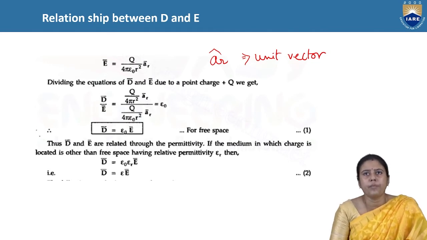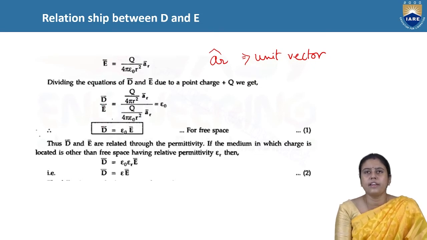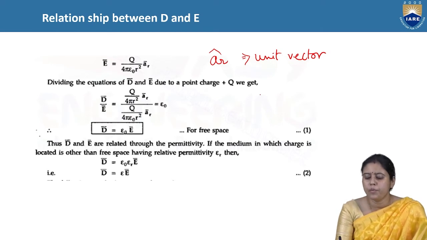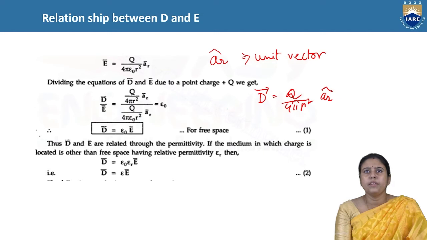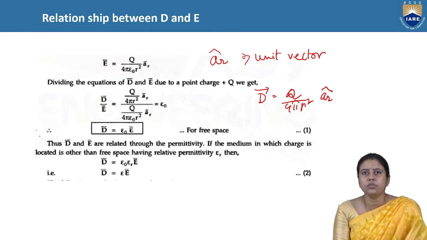The direction of E is always radial. So if we divide D by E, we get the relation D is equal to epsilon into E, because D is equal to Q by 4 pi R square AR.